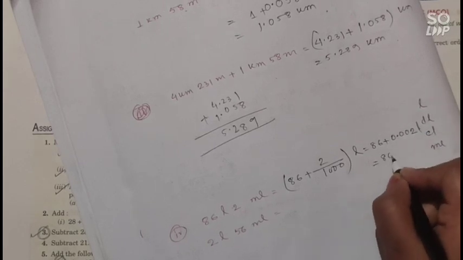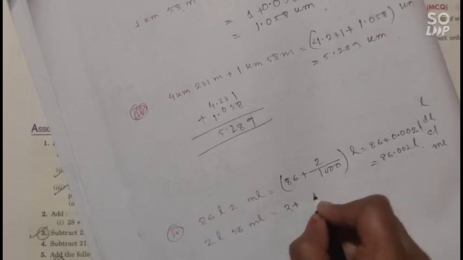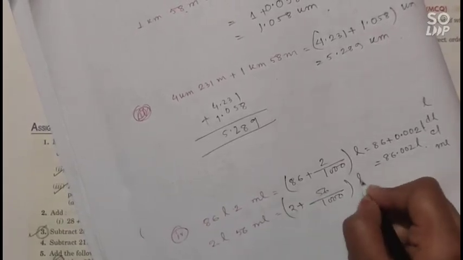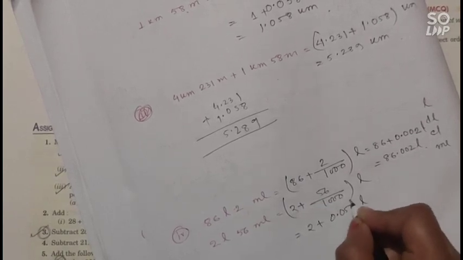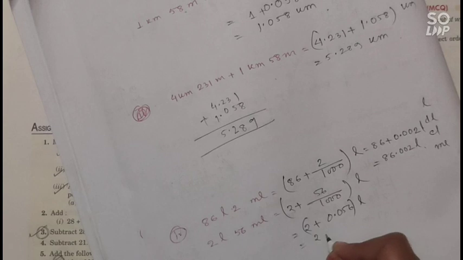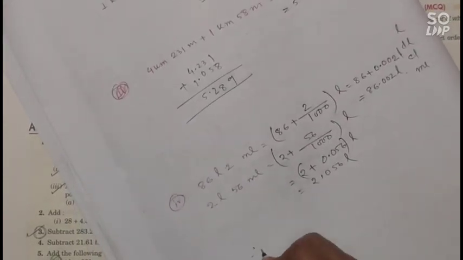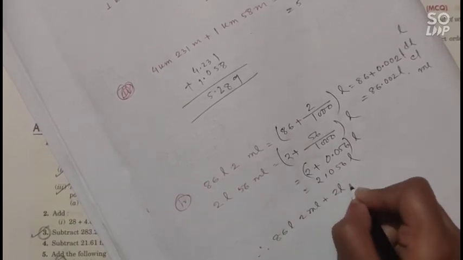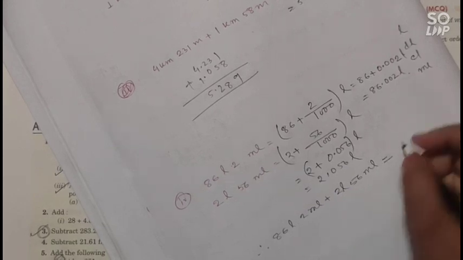So this will be 86.002 liter. 2 liter 56 ml is 2 plus 56 by 1000 liter. So this will be 2 plus 0.056 liter, 2.056 liter.